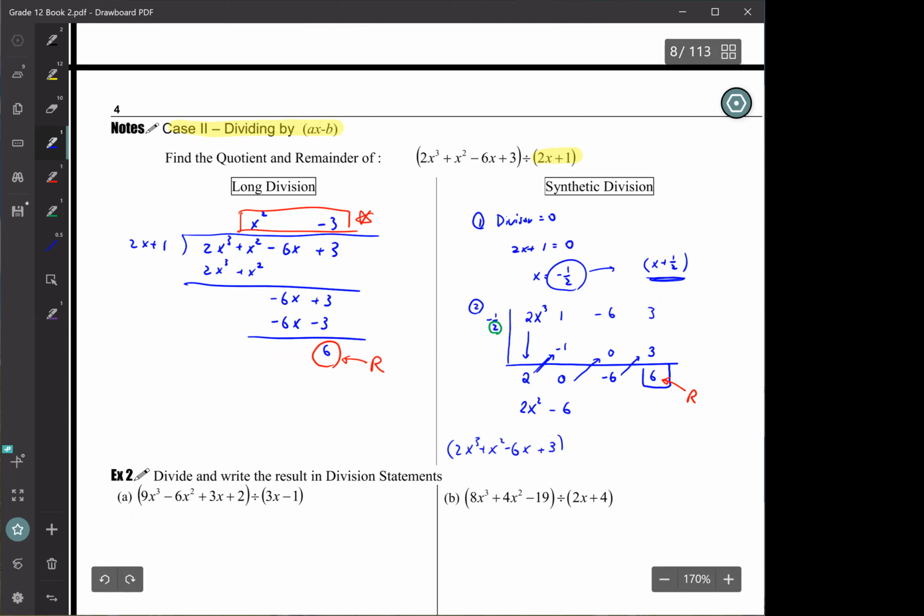P equals D times Q plus R. So if I use negative half, it's like the divisor is this, and the Q we have is 2x squared minus 6, the Q that we got, plus R, which is 6.